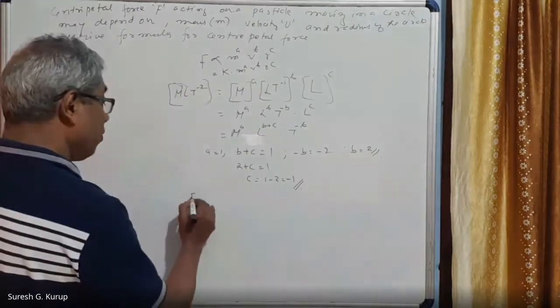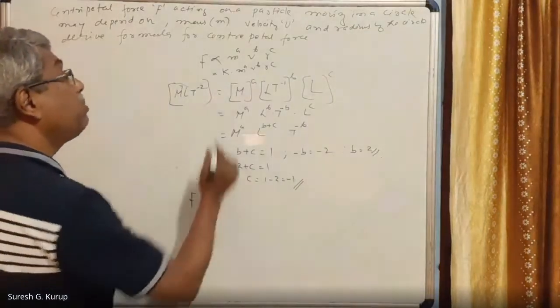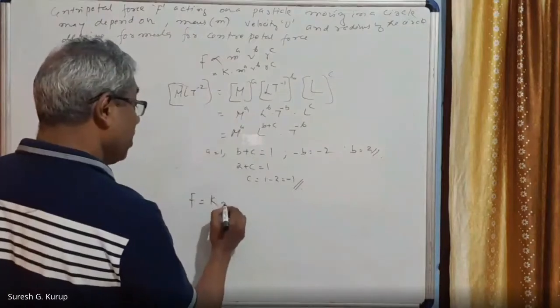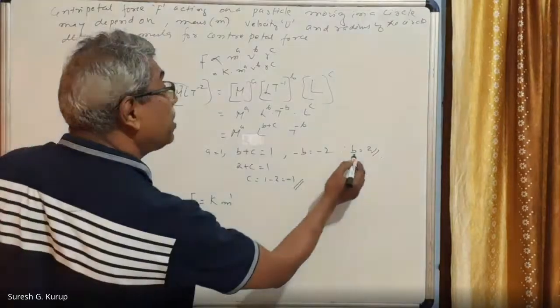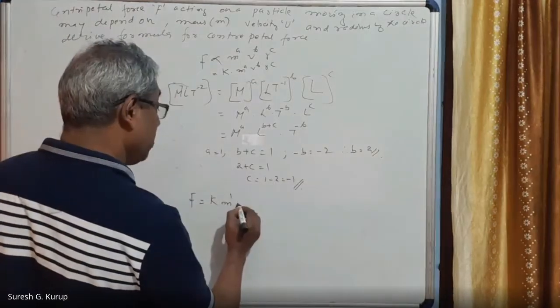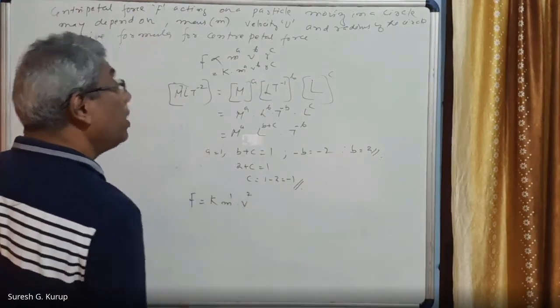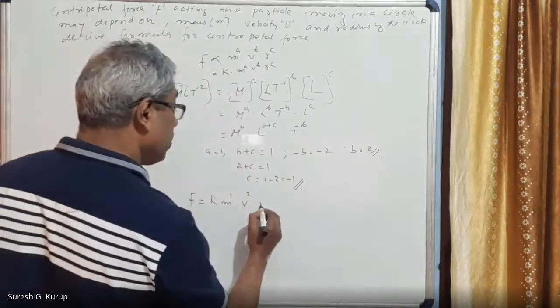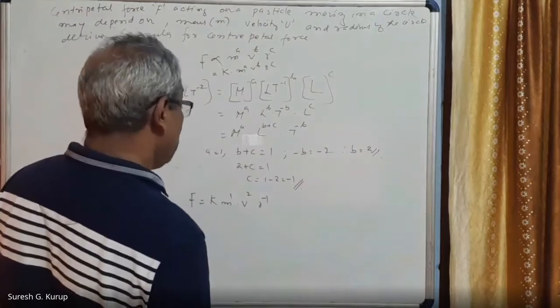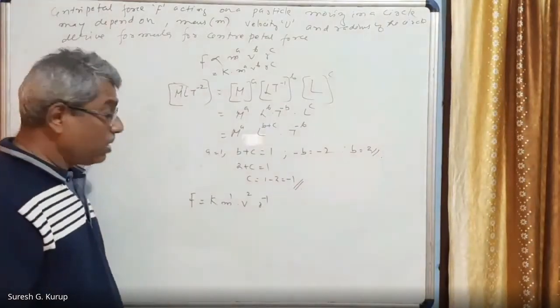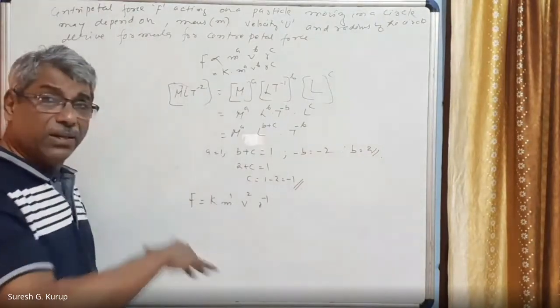Now, F is equal to K into M raised to 1 into V raised to 2 into R raised to minus 1, you got. So how can you write in a decent way?